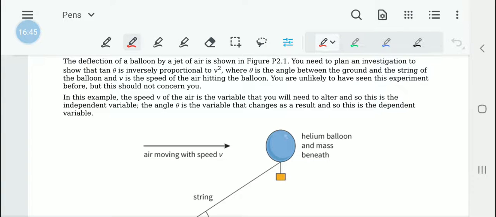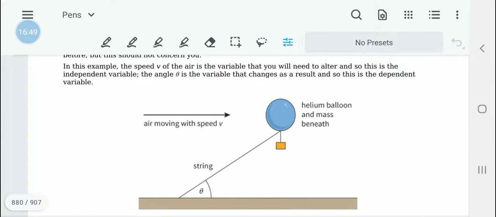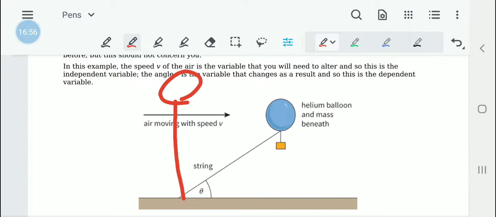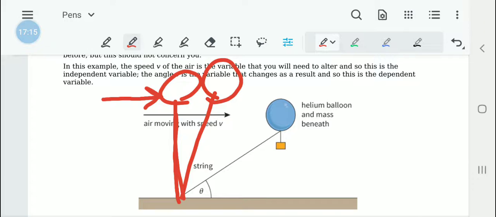Now, for example, let me explain how this practical works. Let's say helium is filled in the balloon. So it is a straight line, attached straight, and it's up in the air. When you have air that is flowing at a very small speed, then it will get deflected somewhere like this, right?